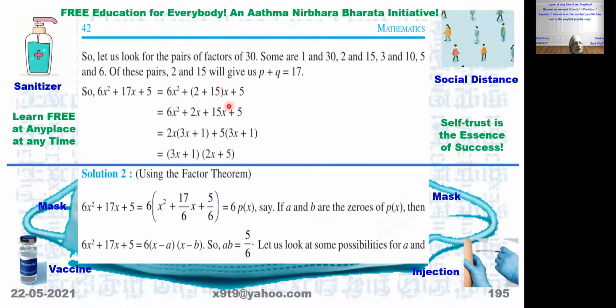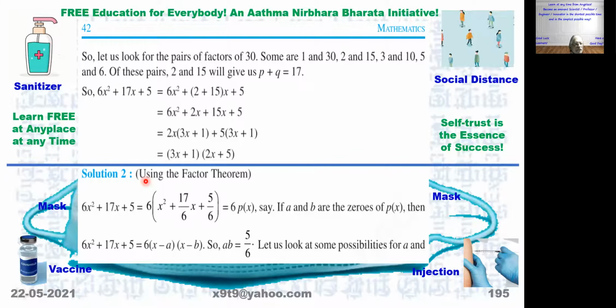Here it is written after taking x as the common factor. Now, see, taking 2x as common factor, we get 3x plus 1. Taking 5 as common factor, you will get 3x plus 1. So 3x plus 1 multiplied by 2x plus 5. These are the two factors.